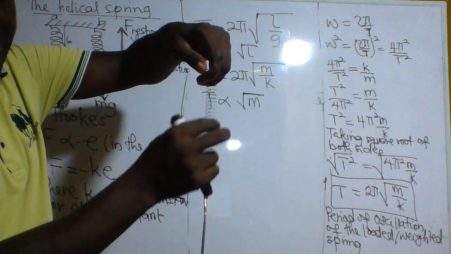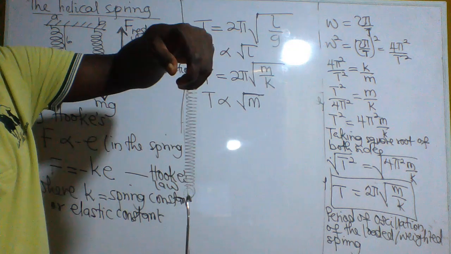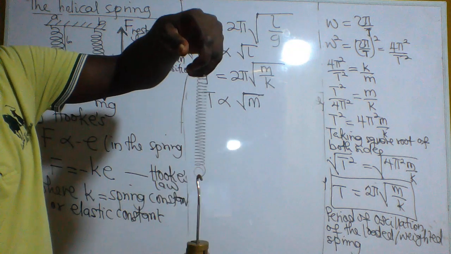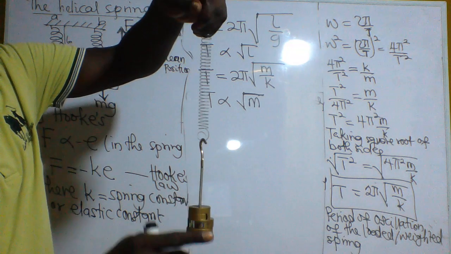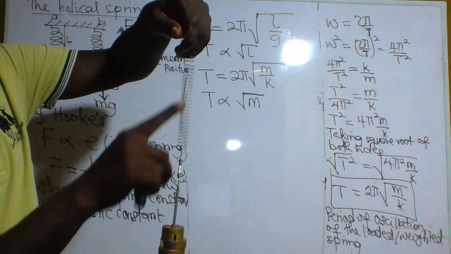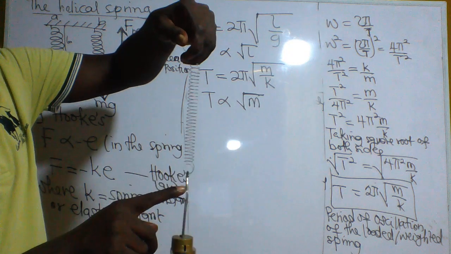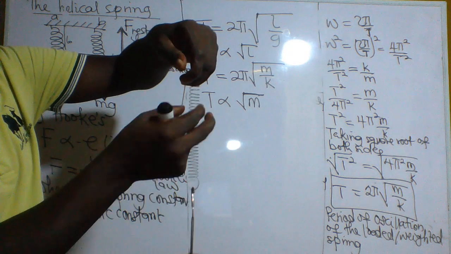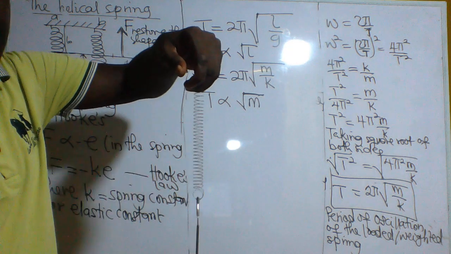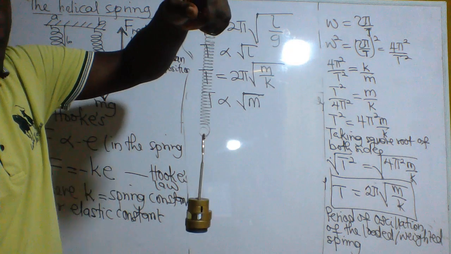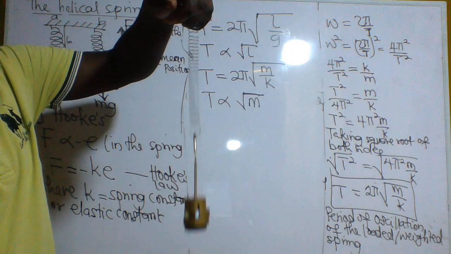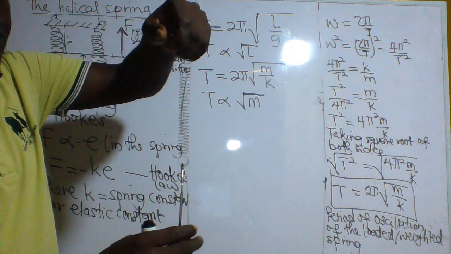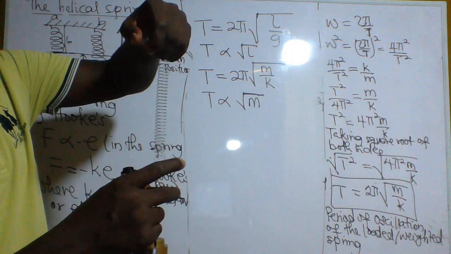With the same spring, as we vary the masses, we can get different values for the period of oscillation, because with the same spring, k is constant. But if we keep on changing the masses, we can get different oscillations. Let's try it. Let me try and reduce.